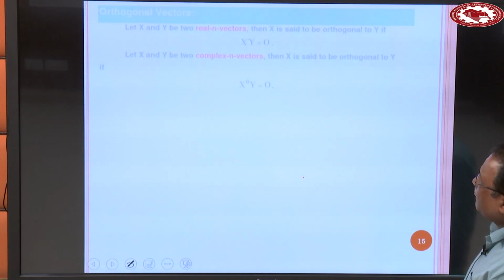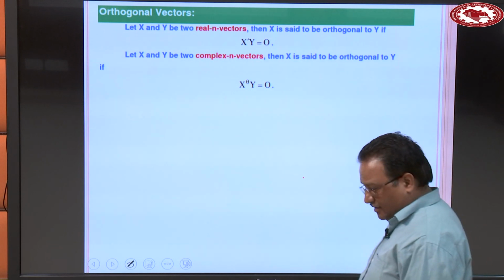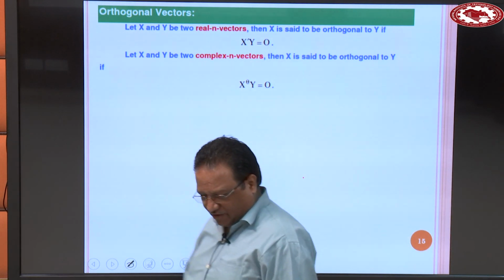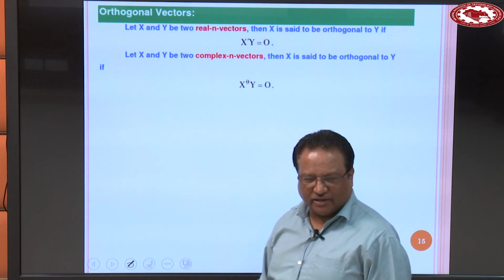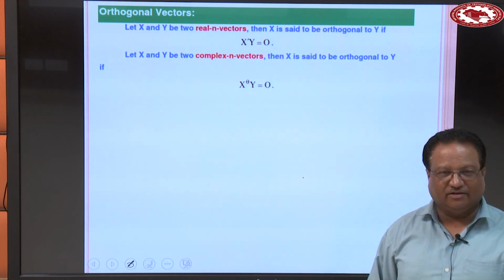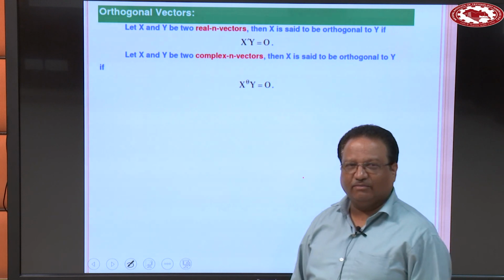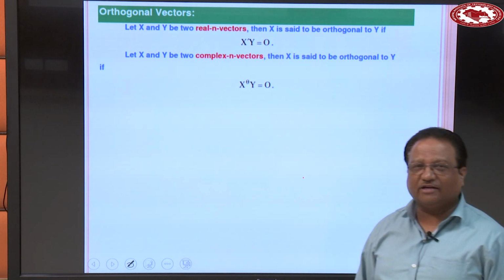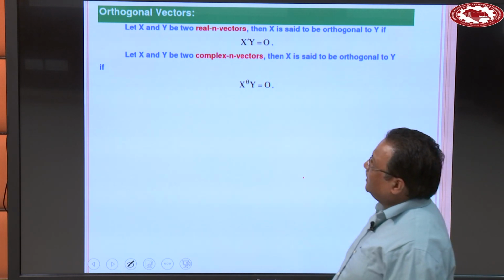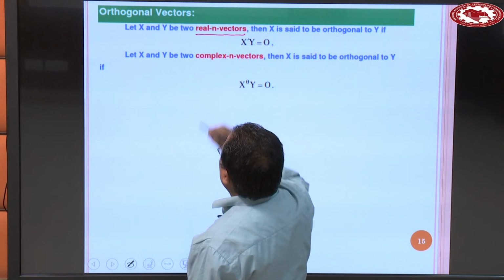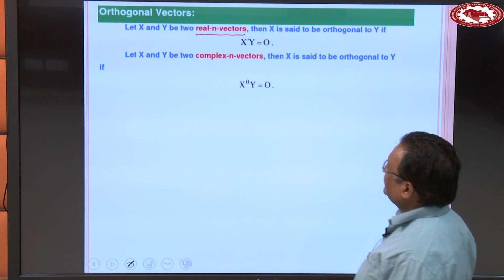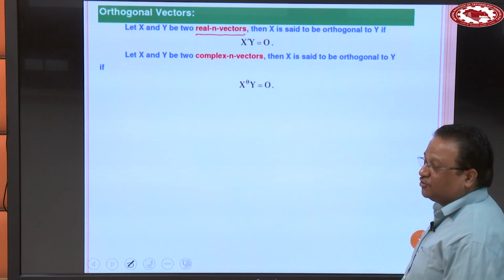So one last topic here we will discuss. What is an orthogonal vector? You already know orthogonal matrices, but here we define what an orthogonal vector is. Let x and y be real n vectors, then x is said to be orthogonal to y.